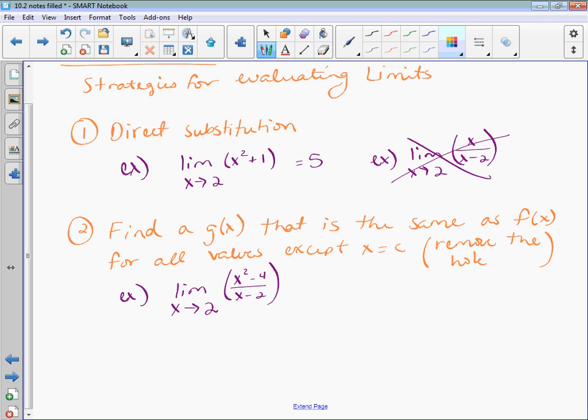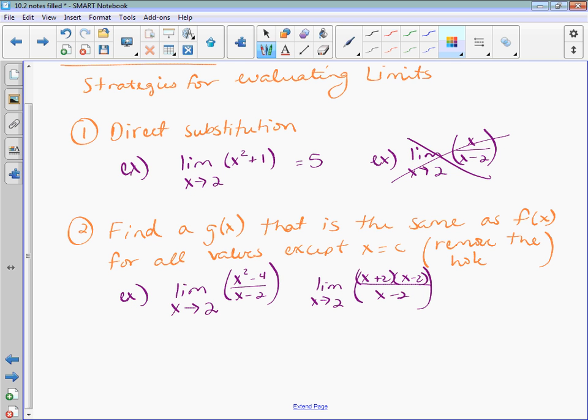You divide by 0, or you get 0 over 0, which is still not okay. So what we can do is factor. So this is still the limit as x approaches 2, and then that'd be x plus 2 times x minus 2 over x minus 2.